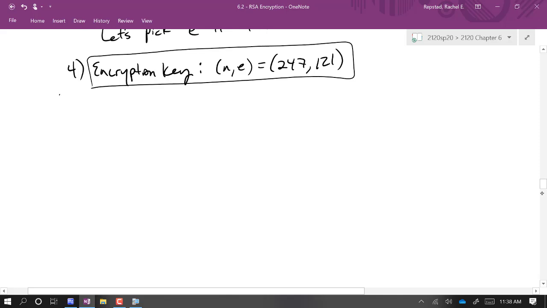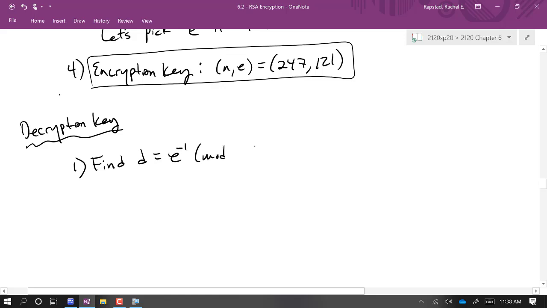So now, to find the decryption key just involves one more step, really. We're going to find the value of D, which is the inverse of E mod phi of n. So that's the inverse of 121 mod 216.